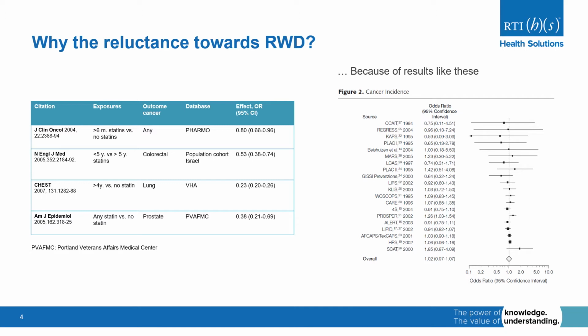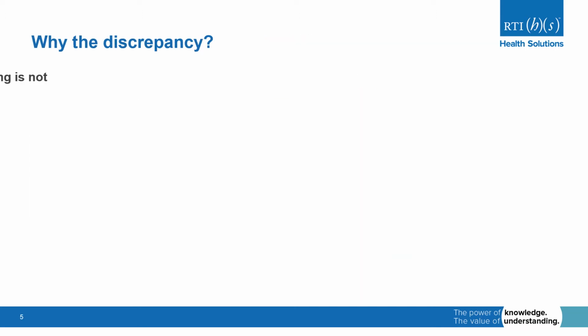But when you run 20 randomized clinical trials and meta-analyze the results, we found that the odds ratio of cancer for taking statins is null, it is 1.02. So what's going on here? The usual answer that you get is, well, this discrepancy is because you don't have randomization.